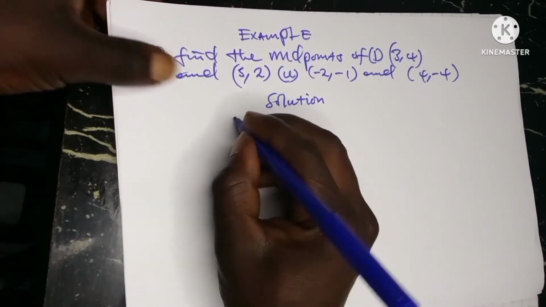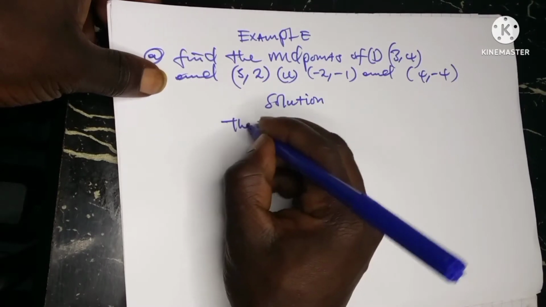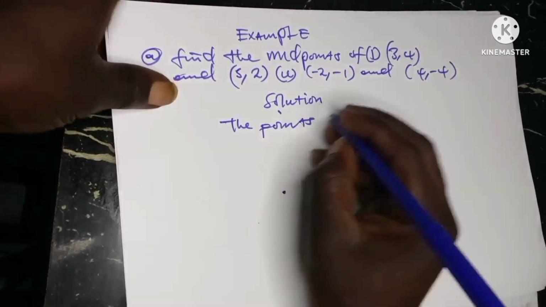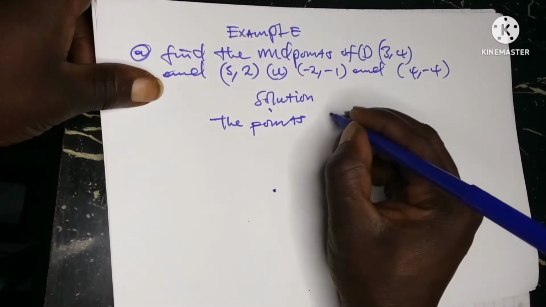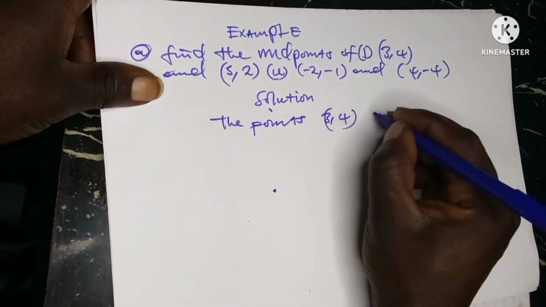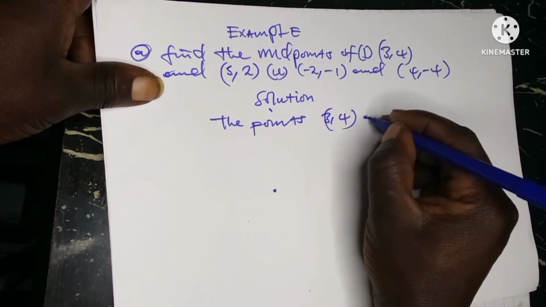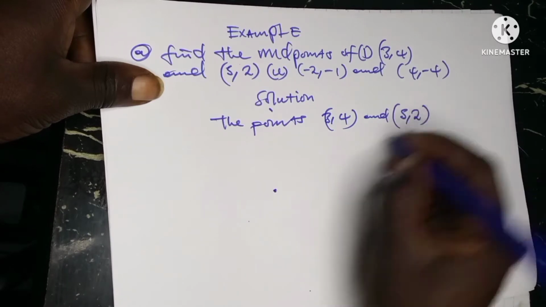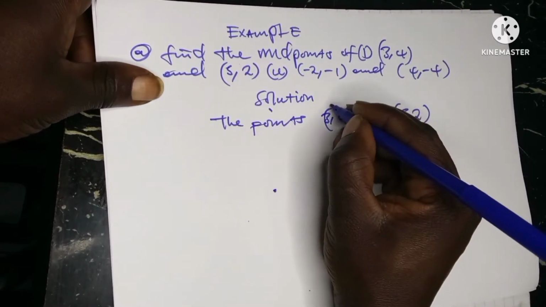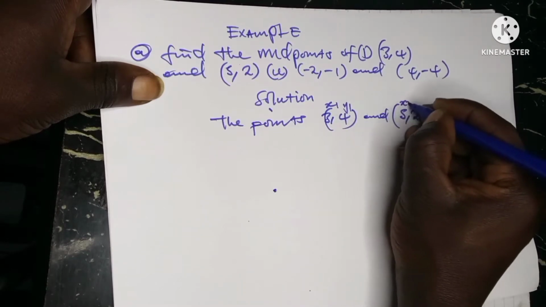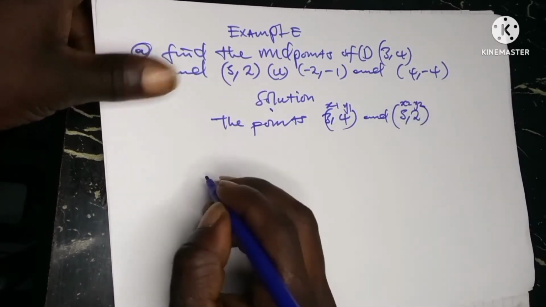Solution for number 1, first we have to take the points. So the points are (3, 4) and (5, 2). So this is x1, y1, x2, y2.